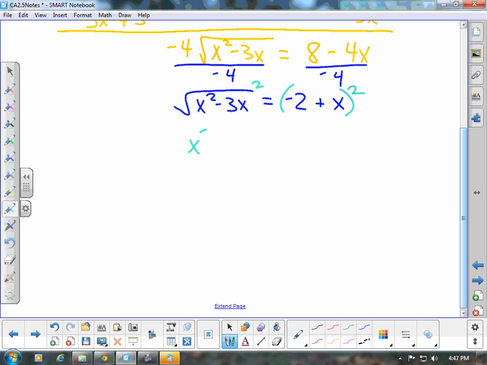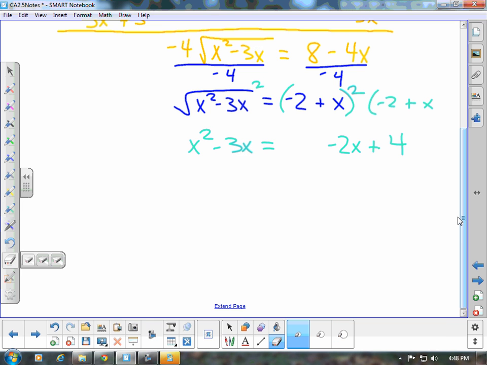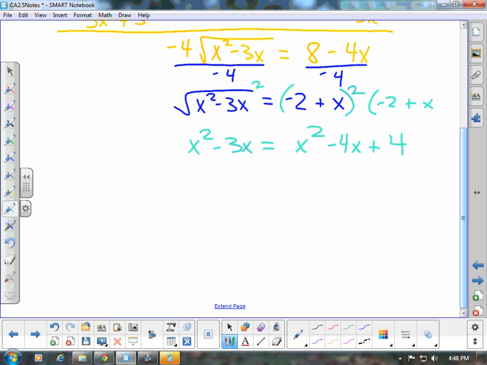And this will become x squared minus 3x. And when we square that, we're going to multiply it by itself. And so that would be 4 minus 4x and plus x squared, because that's a negative 2x and that's a negative 2x.